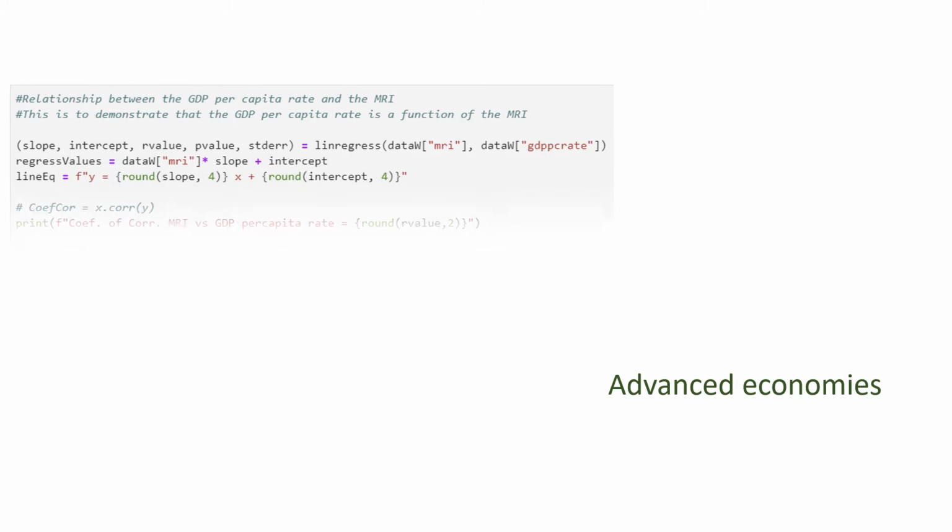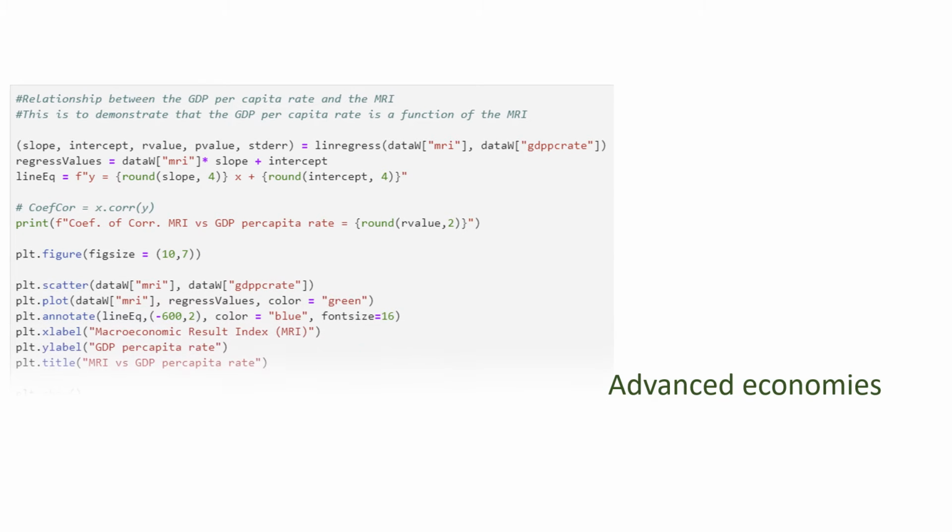Now let's go to the second challenge, to demonstrate that the MRI has a strong relationship with the real GDP per capita growth rate. This is important because this can be used as an instrument to design economic policy.